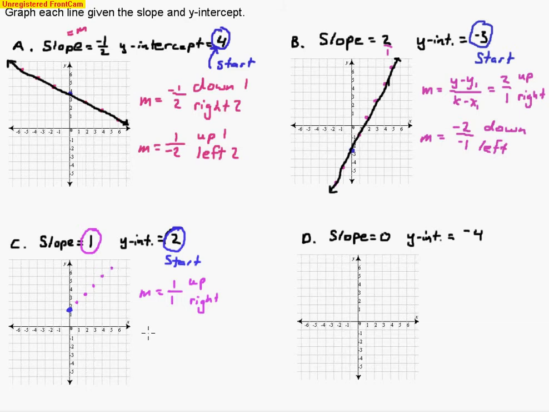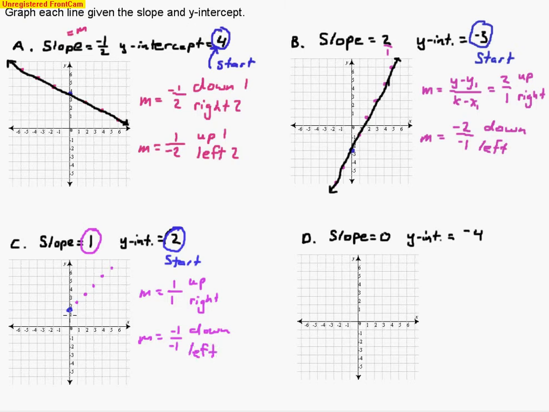But I could also go the other way. I could also say it is negative 1 over negative 1 because 2 negatives make a positive when you do division or multiplication. Well, that would tell me to go down, because the negative 1 on the top of the fraction tells me to go down, and the negative 1 on the bottom tells me to go left.